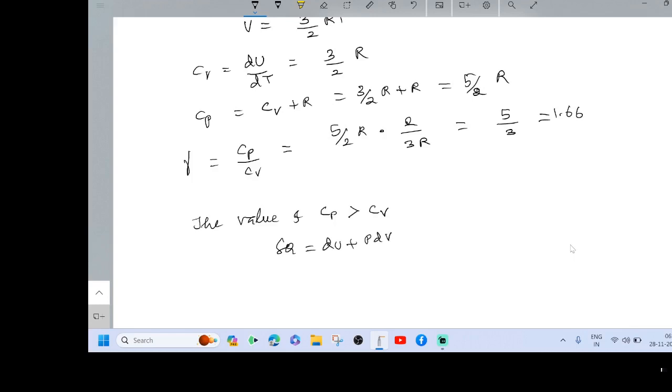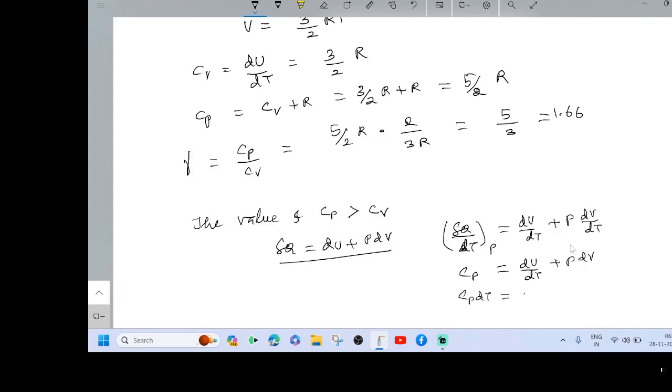The specific capacity at constant pressure is given by delQ by dT, which is equal to dU by dT plus P into dV by dT. If you apply constant pressure, Cp into dT equals dU plus P dV.